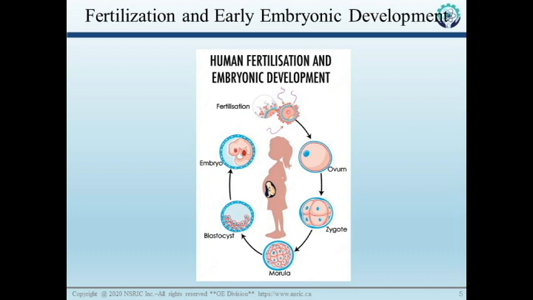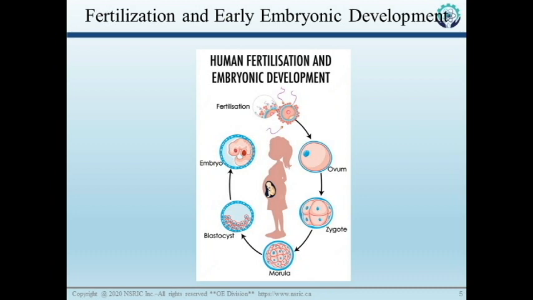And this cluster of dividing cells, known as a morula, eventually forms the blastocyst, that hollow ball of cells. And this early stage of embryonic development marks that transition from a single cell to a complex multicellular organism.